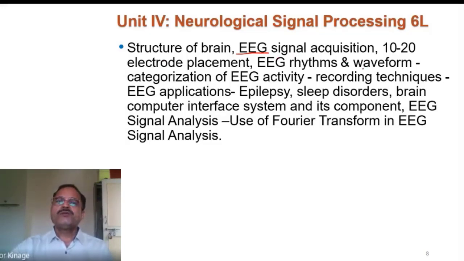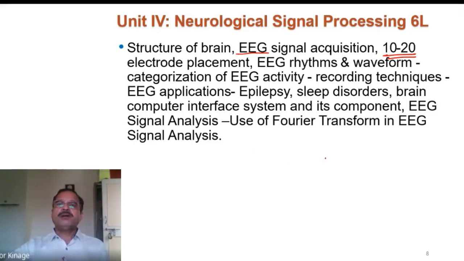Right. So what is the system, or what are the techniques to place the electrodes? It is called 10-20 electrode placement. This is actually the technique of how to place the electrodes to measure this EEG signal and what the corresponding locations are.